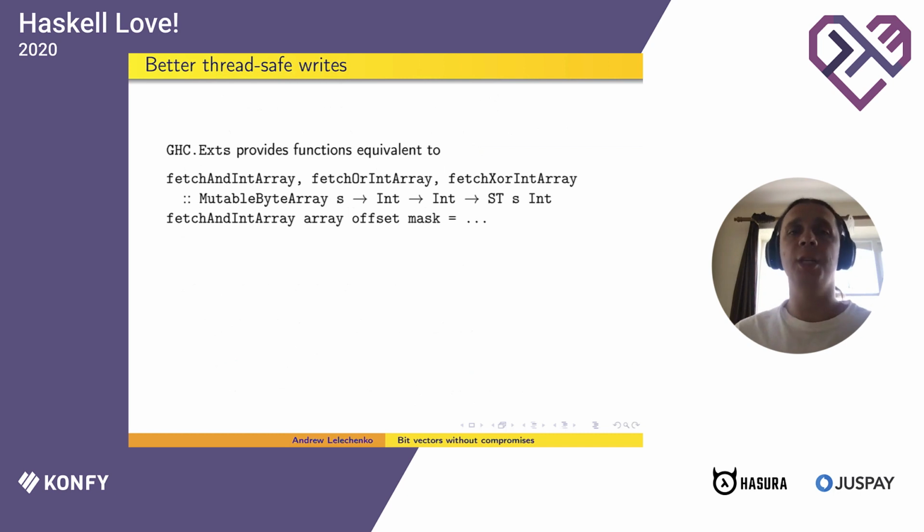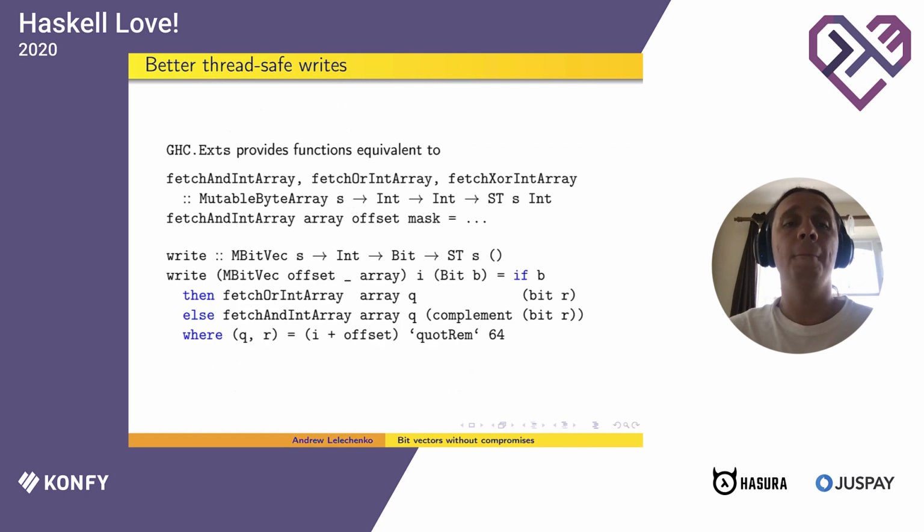It appears that GHC provides functions which allow us to OR, XOR and AND some memory segment in an atomic way. So instead of reading, then modifying, then writing back, we can just employ these primitive atomic functions, saying: please modify the array at position Q with OR with a word where only one bit is set.